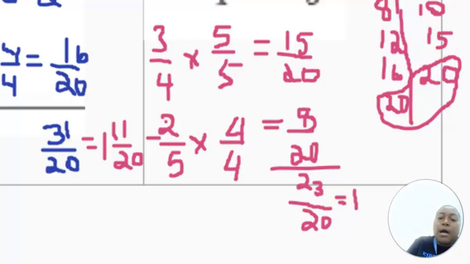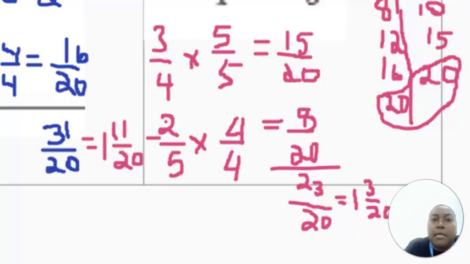And then we will have 3 left over 20. Another concept that I need you to remember is, as you saw me do these, we did not add our denominators. We did not change them in any way, right?